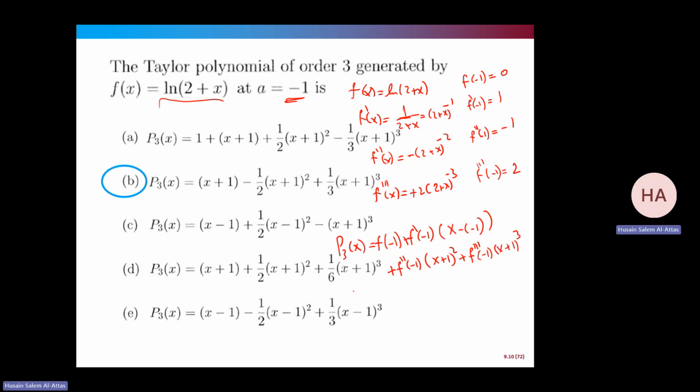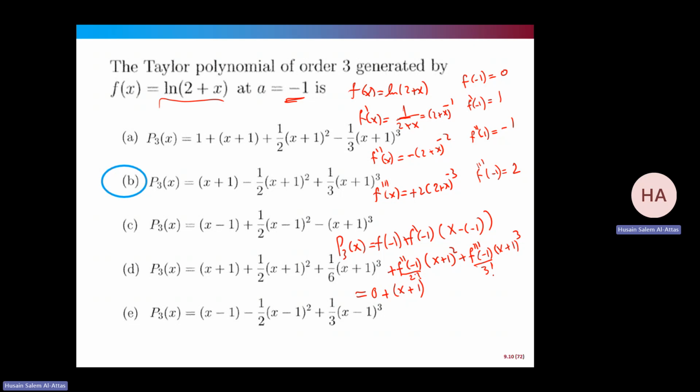That's it. So what is f of minus 1? 0, gone. F prime is 1, so I have plus x plus 1. F double prime is minus 1, but don't forget the 2 factorial, and 3 factorial. Don't forget the factorial.